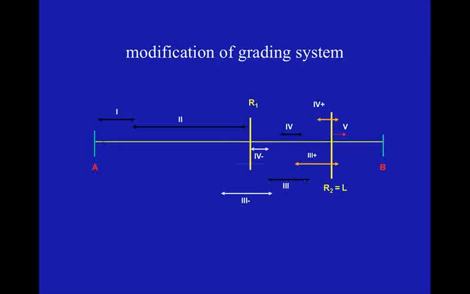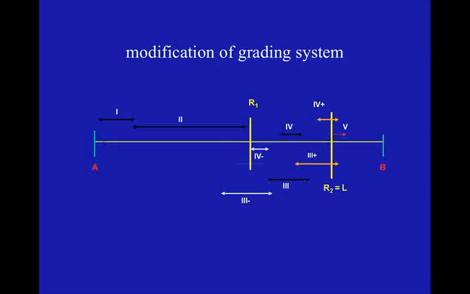You can take grade 2 and make it more a grade 2 plus or a grade 2 minus. You could do the same thing with grade 1, but these are very small movements prior to that R1 occurring in the range. And so clinically, there isn't as much need for modification of these two grades.